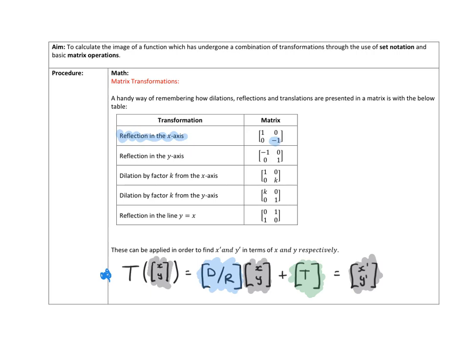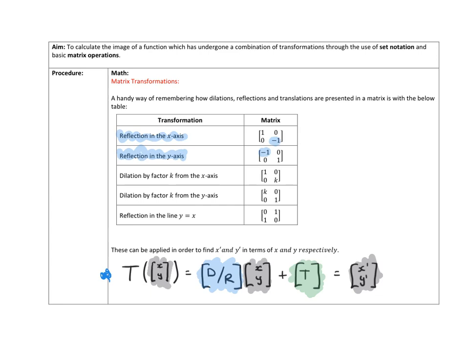If we negate all the y values, but keep all the x values the same, we would be reflecting in the x-axis, or reflecting about the x-axis. If we're reflecting in the y-axis, it's a very similar case, but you'll notice that the negative appears in the top left-hand corner. This is because a reflection in the y-axis quite literally takes all of the x values and negates them.